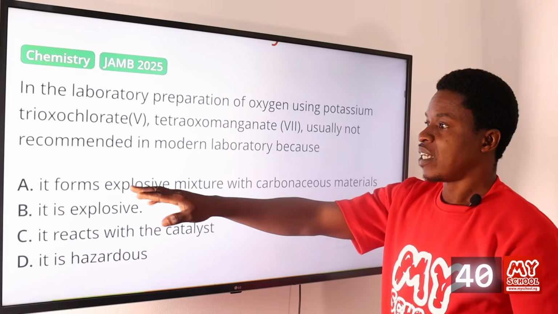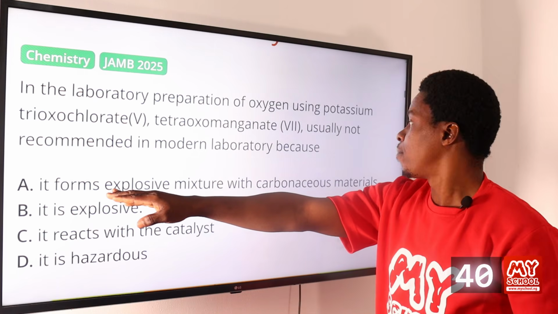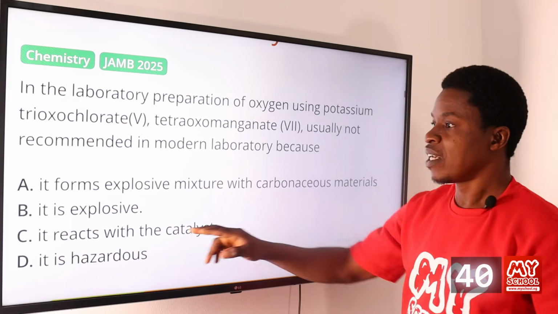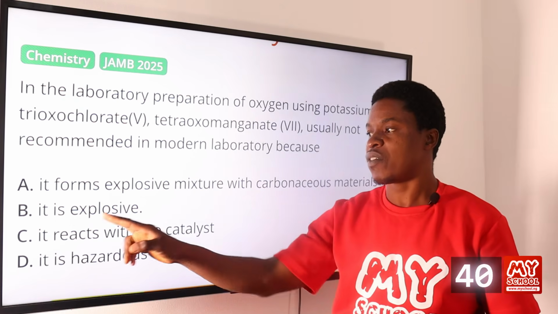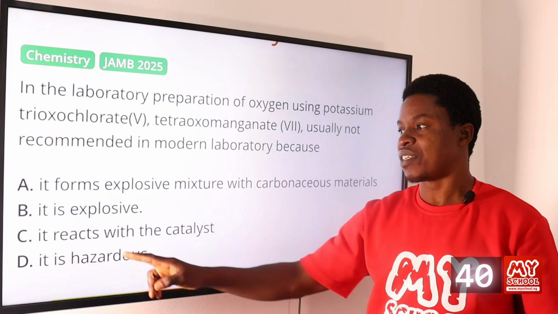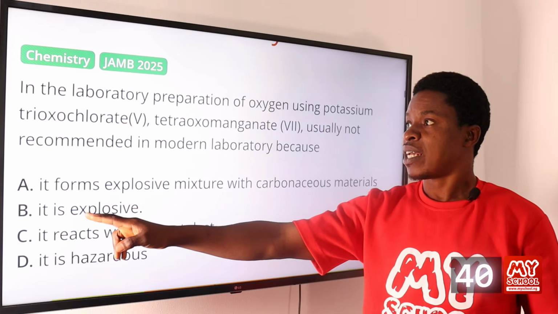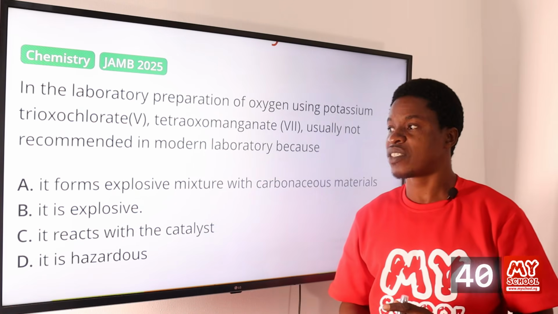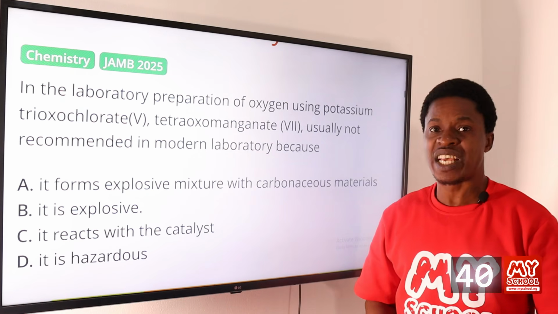Option A says it forms explosive mixture with carbonaceous materials. Option B says it is explosive. Option C says it reacts with the catalyst. Option D says it is hazardous. Well, potassium trioxochlorate(V) on its own is not explosive.